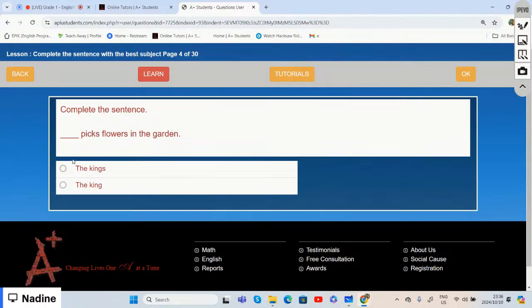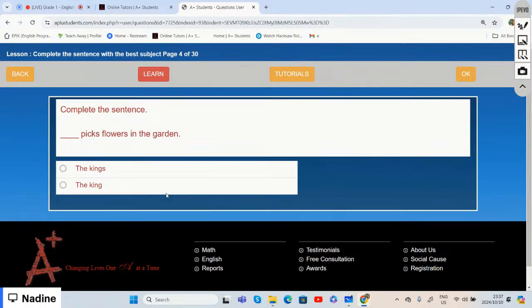The next one says, do we say the kings picks flowers in the garden, or do we say one king, option two, picks flowers in the garden? Which one is correct? So the kings, option one, or the king, option two.